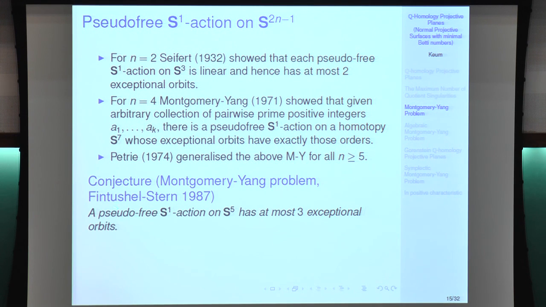And then the n equal to 3 case is left over. In this case, Fintushel and Stern conjecture that it is still true, that there are at most 3 exceptional orbits. So a pseudo-free circle action on the 5-dimensional sphere has at most 3 exceptional orbits. Well, this problem is wide open.